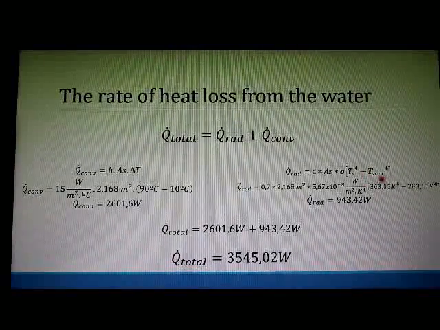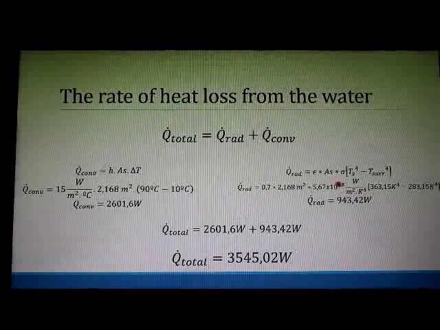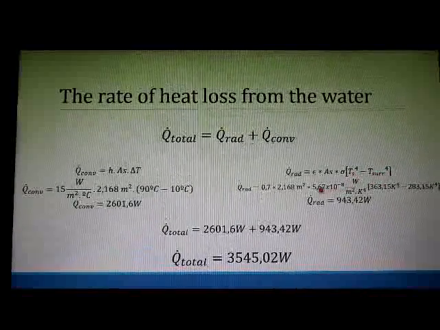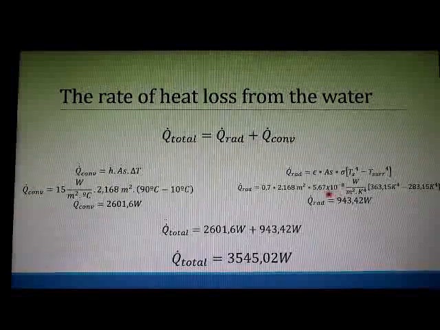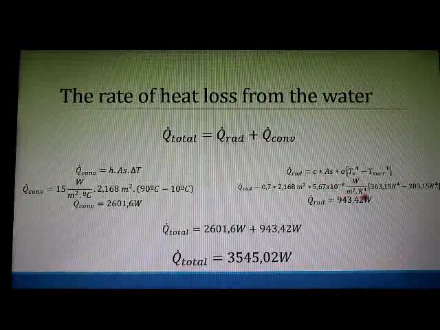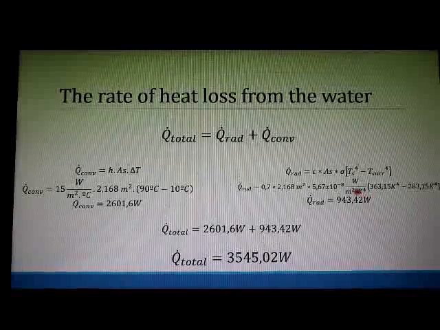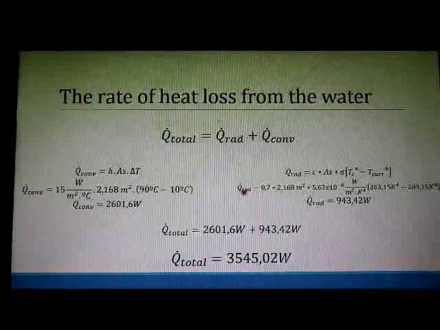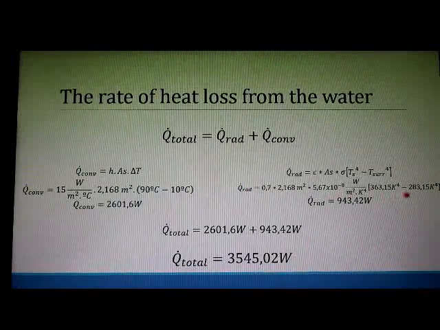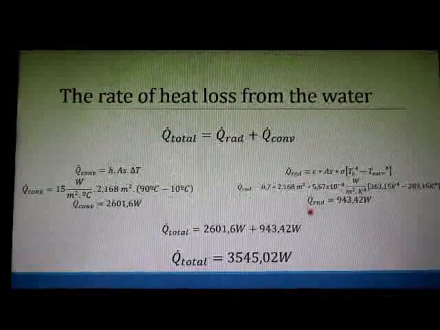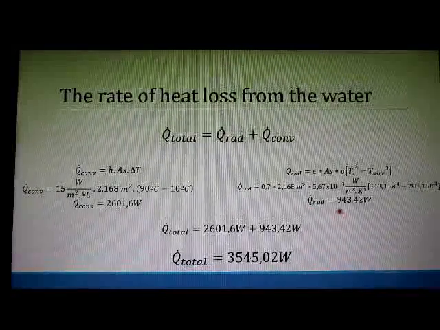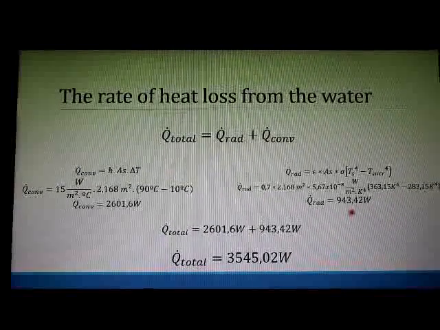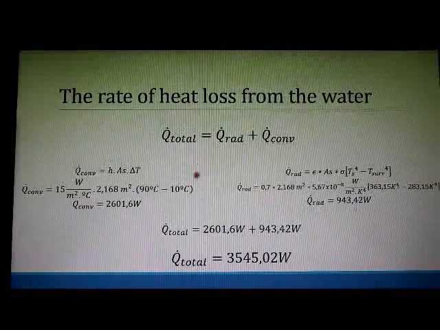We have to have these temperatures in Kelvin. It is really important, because the Stefan constant has this unit in Kelvin. Okay, now doing the mathematics of this equation, we know that the radiation heat transfer is 943.42 watts.